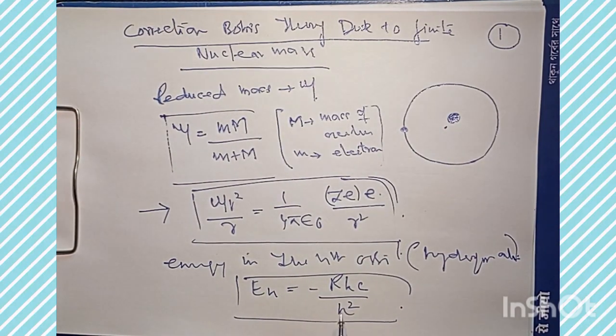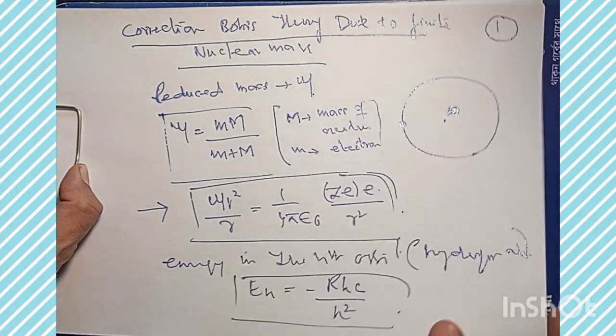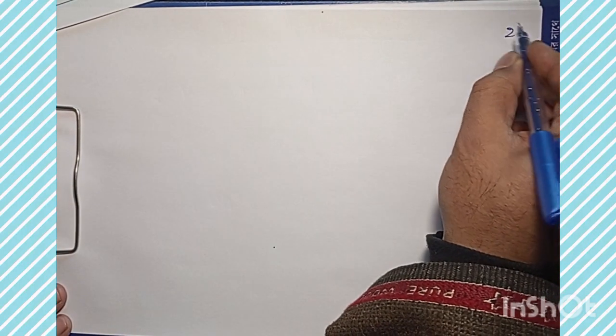Now, what will be different in this equation is the value of this Rydberg constant, because if we go back to this Rydberg constant, we have to manage the reduced mass.